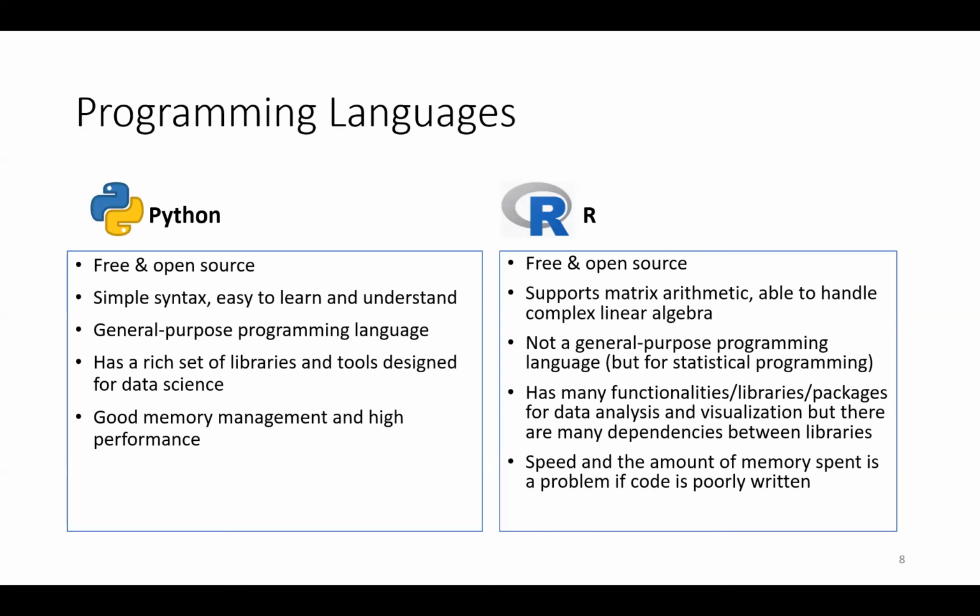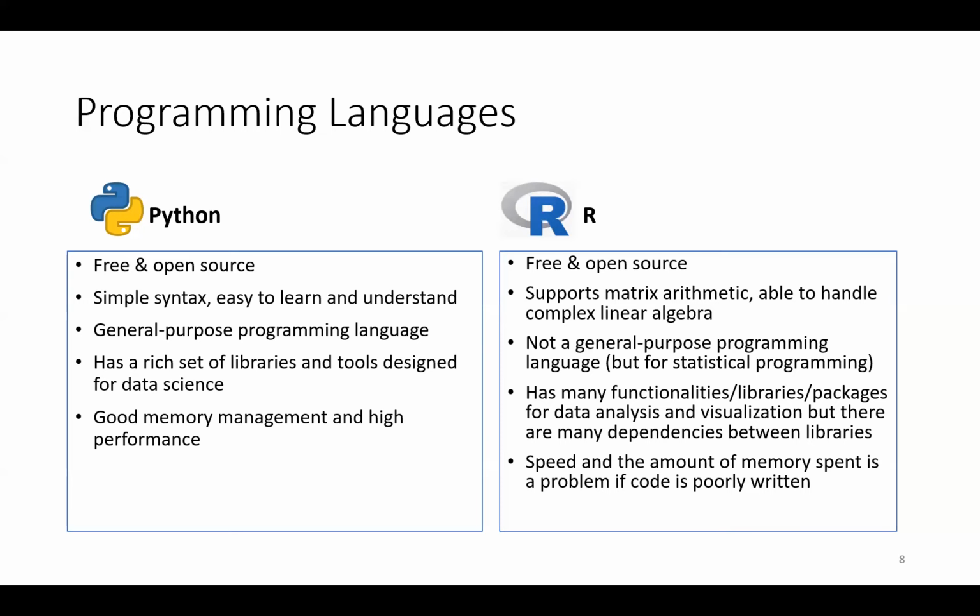Because language R is not about writing programs. It's just like a command interface. You sit in front of the terminal, type every command, and you can massage the data on your keyboard and see what the result is. But for Python, basically you write the complete program first, before you can run the program and see what the result is.